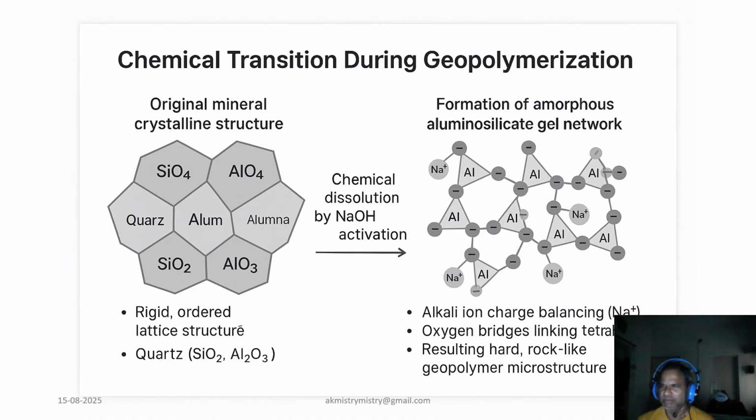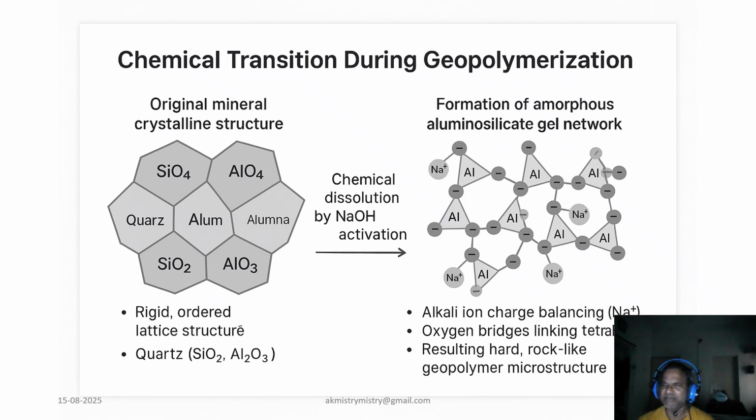Now coming to the chemical transition during geopolymerization. Geopolymerization involves a chemical transformation from a rigid crystalline structure to a flexible gel network. Initially, the raw material contains minerals like quartz and alumina with a rigid ordered lattice of SiO2 and Al2O3.